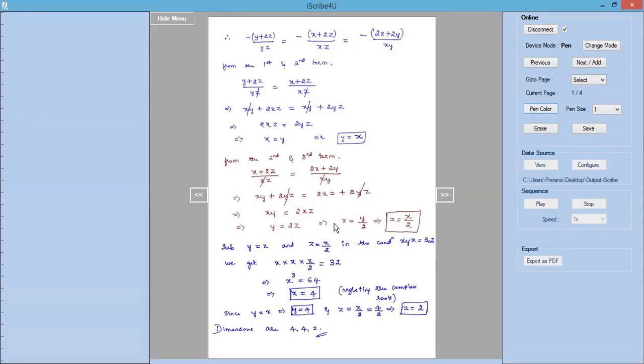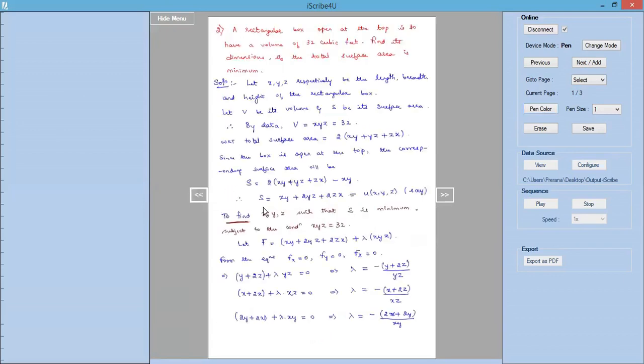So hope these problems on Lagrange's multiplier method with one subsidiary condition were helpful to understand. All the problems of this method remain on the same methodology, that you are going to consider the function F first, which is u of xyz plus lambda into phi, phi being the subsidiary condition given for us.